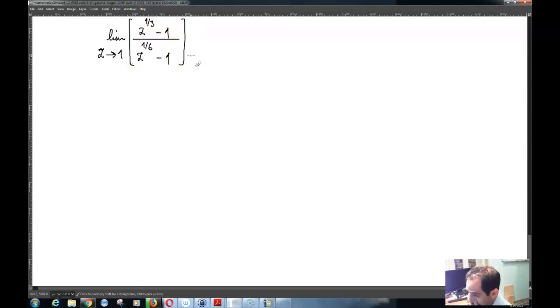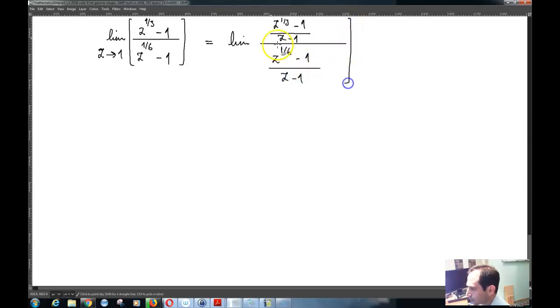Now, of course, you can write this as a limit of (z^(1/3) − 1)/(z − 1) over (z^(1/6) − 1)/(z − 1), as z tends to 1.